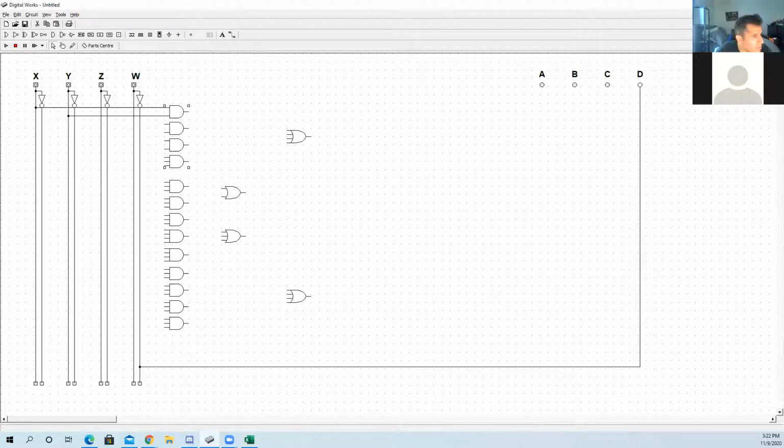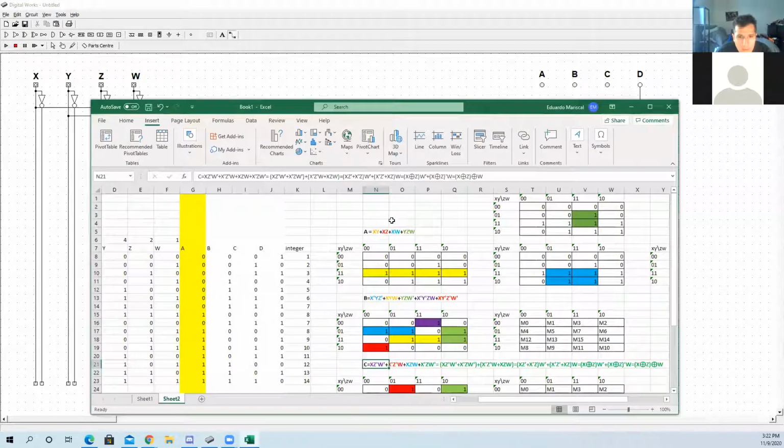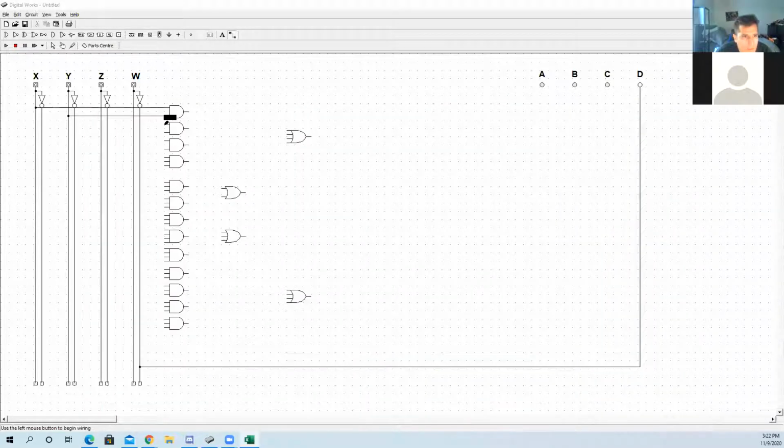My A says that I'm going to group X and Y. So that's what I did, group X and Y. And then I'm going to do X and Z. So that's X and Z. And then I'm going to do X and W. And W. And then I'm going to do Y and Z. And W.